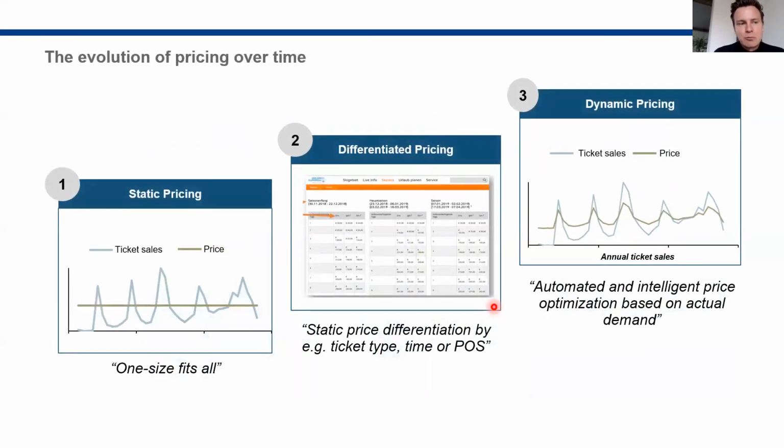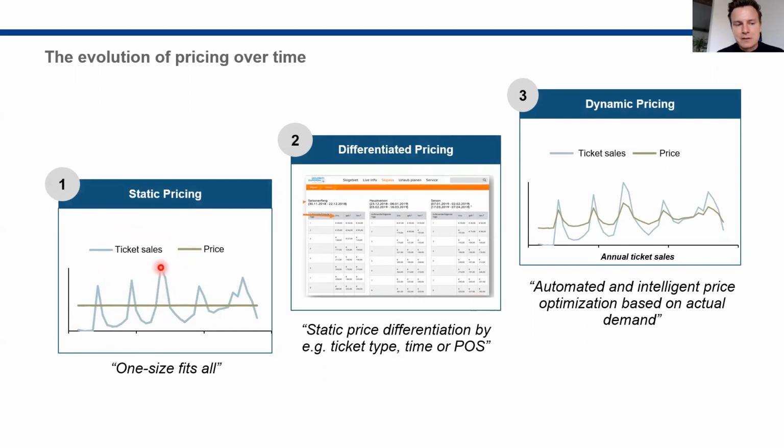In the next step, we want to make sure that everybody understands what we believe in dynamic pricing and also clear out a bit of the misunderstandings that might be out there in the market. So we see the evolution of pricing happening in three steps. The first step is what we consider static pricing. So basically the price, regardless of the demand. In blue here, for example, you see varying demand.